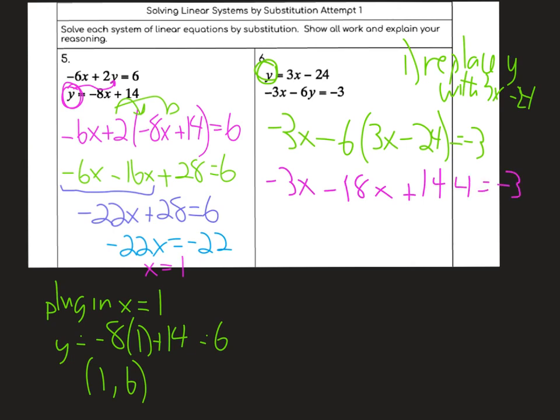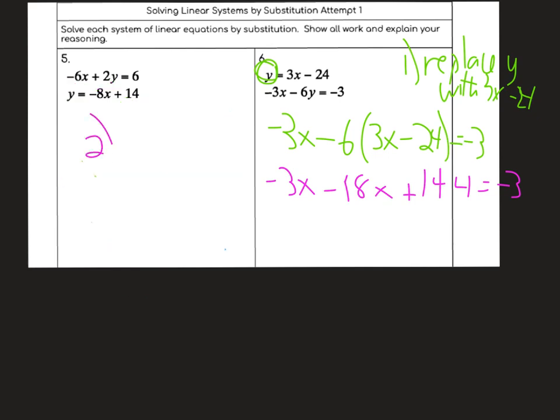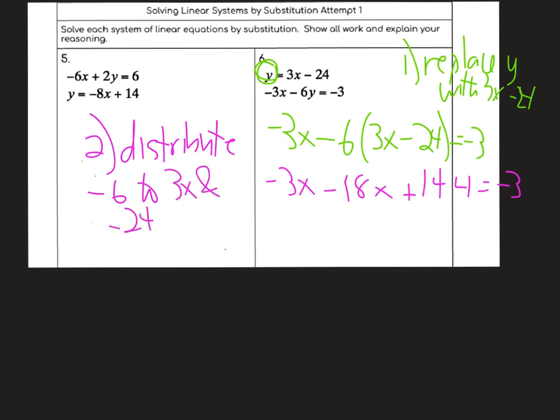And so on my sticky, step 2 would be distribute negative 6 to 3x and negative 24. Now I'm going to combine like terms. So negative 21x plus 144 equals negative 3.